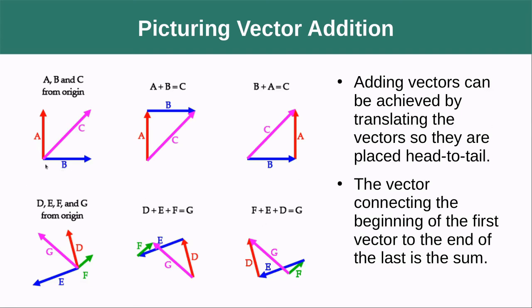You may have seen this in physics. If I have vector A and I have vector B, the sum of them is going to be vector C. How do I know that the sum is C?